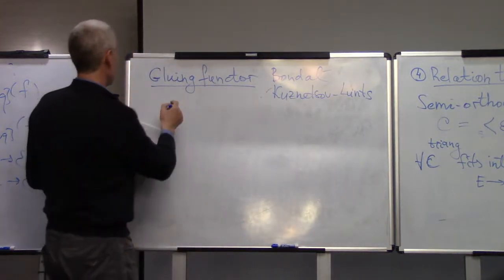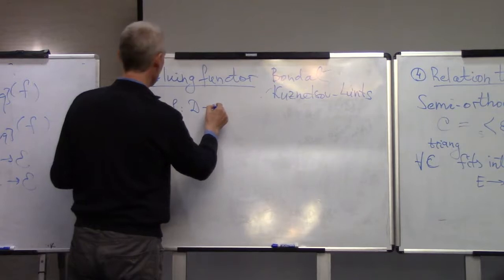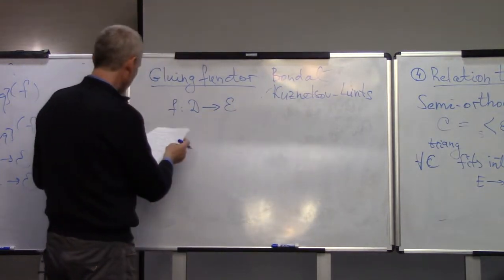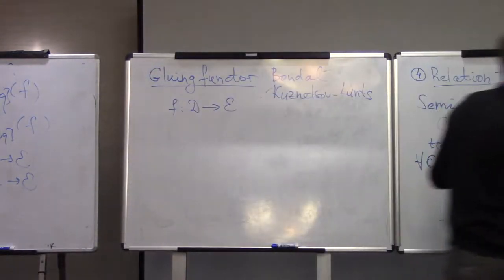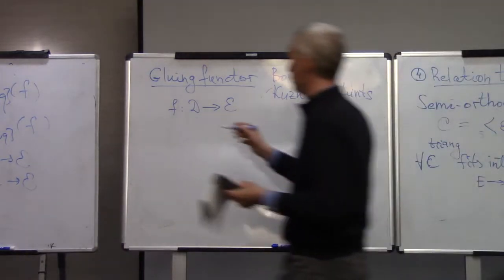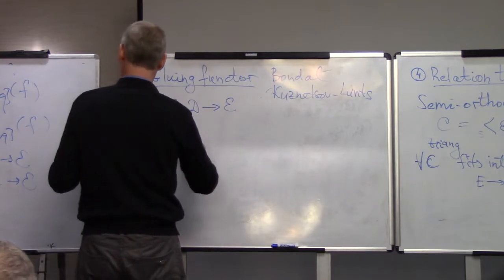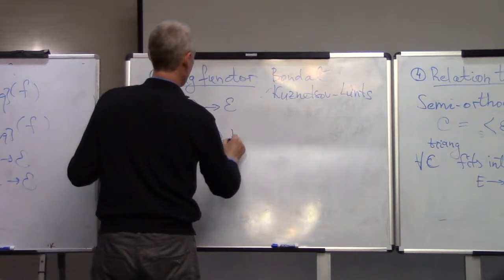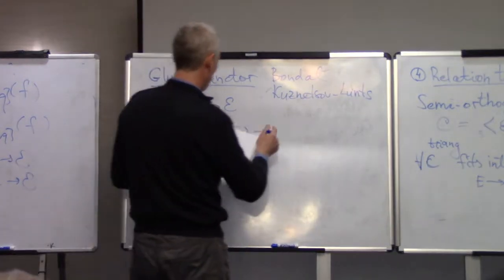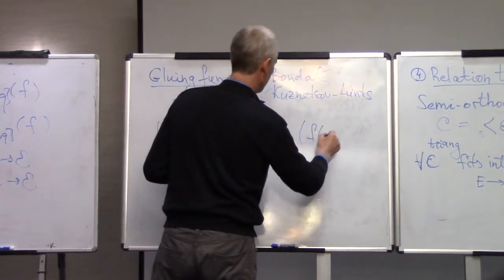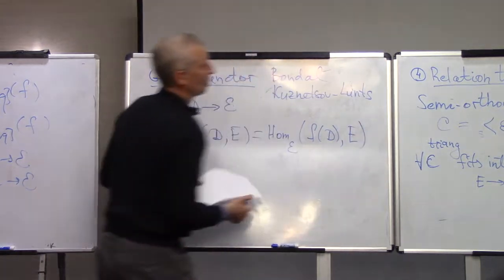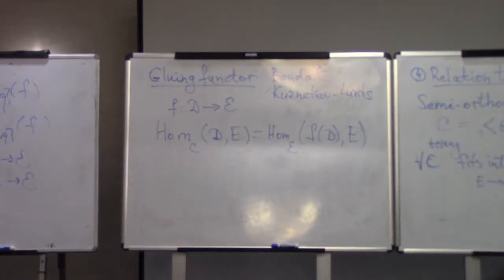So suppose we start with a functor F from D to E. In this case, for this semi-orthogonal decomposition, it is a functor such that Hom in C from object D to object E equals Hom in E between F of D and E. Or put differently, we have this orthogonality in one direction, but in the other direction there is a pairing, and we realize this pairing in terms of this functor.